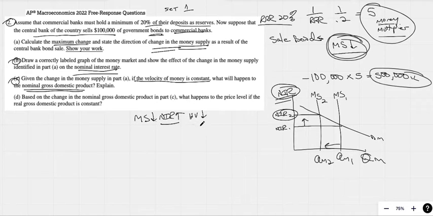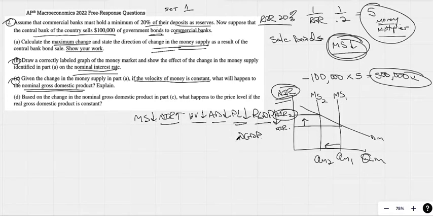Higher interest rates mean people take out less loans, they build less stuff, investment goes down. Aggregate demand goes down. If aggregate demand goes down, price level goes down. If price level goes down and aggregate demand goes down, real GDP has to go down also. If real GDP is going down, I can be pretty sure nominal GDP is falling also.